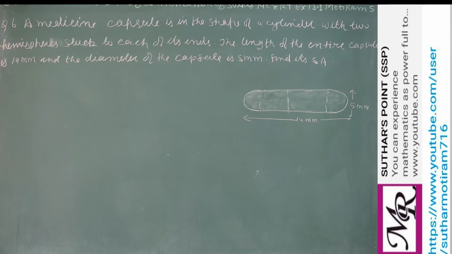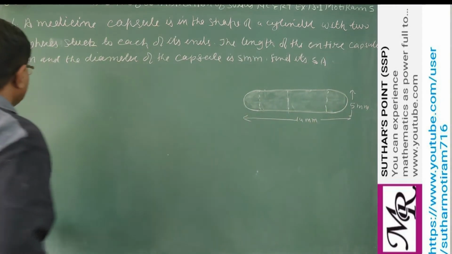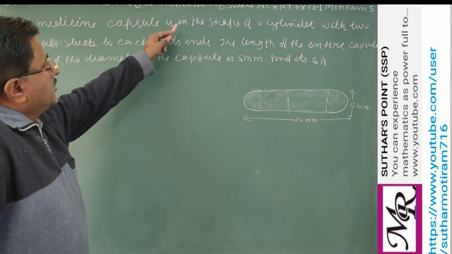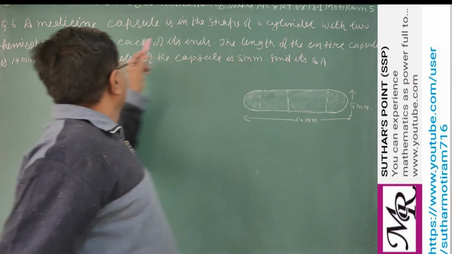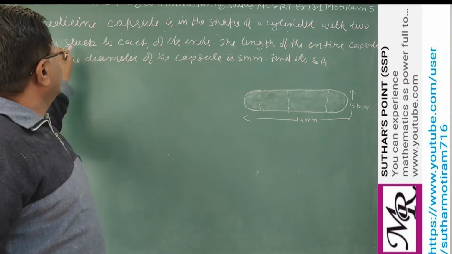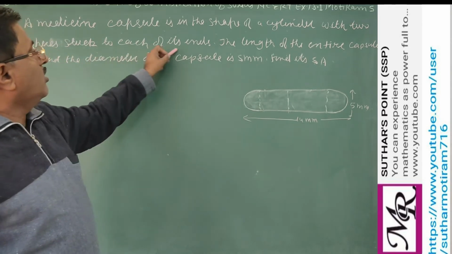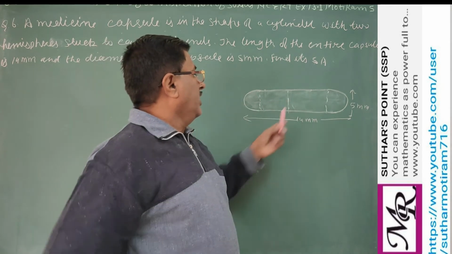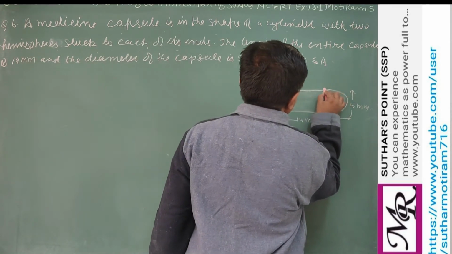Next question C, question number 6. A medicine capsule is in the shape of a cylinder with two hemispheres stuck to each of its ends. As you can see in the figure, and you also see it in your daily life, a medicine capsule.